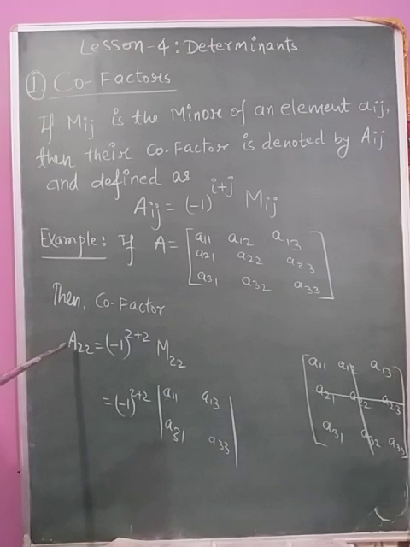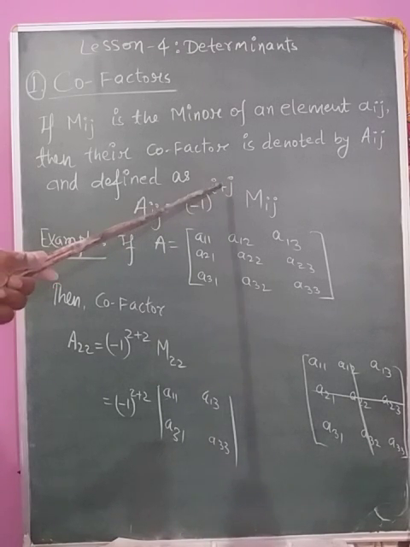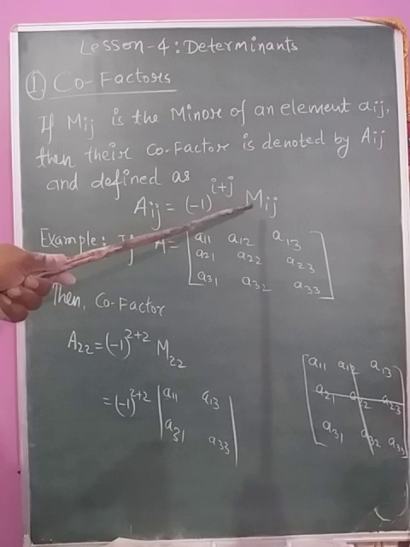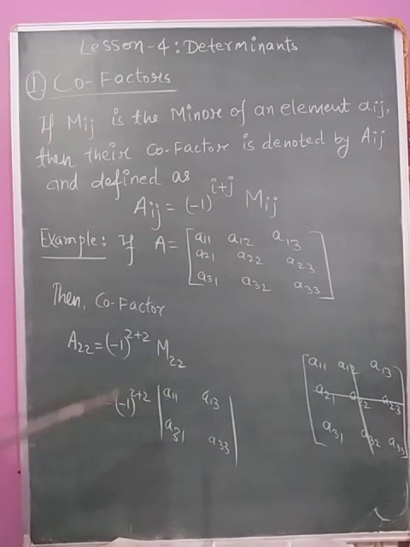So A22 is equal to minus 1 to power 2 plus 2 and their determinant. Similarly, if you find other cofactors, then use this formula Aij equal to minus 1 to power i plus j capital Mij, and for capital Mij, delete corresponding row and column there.